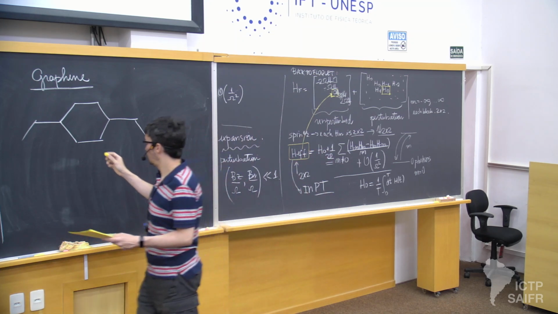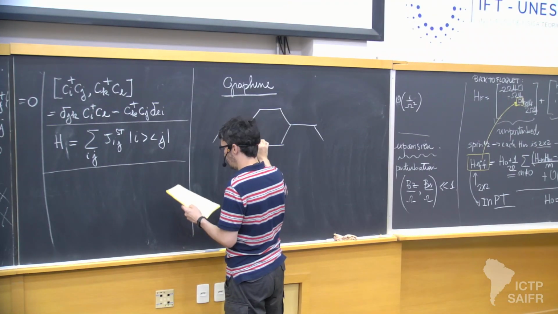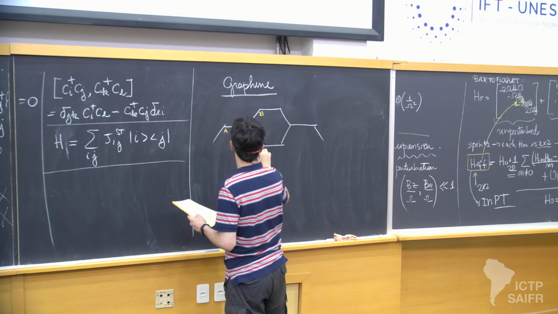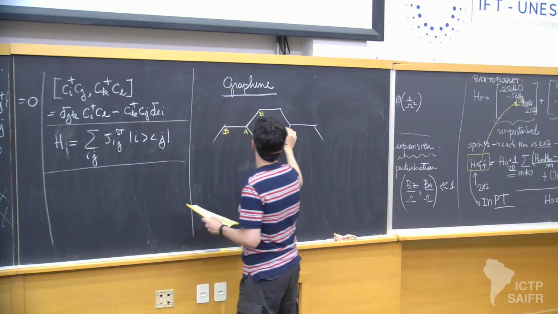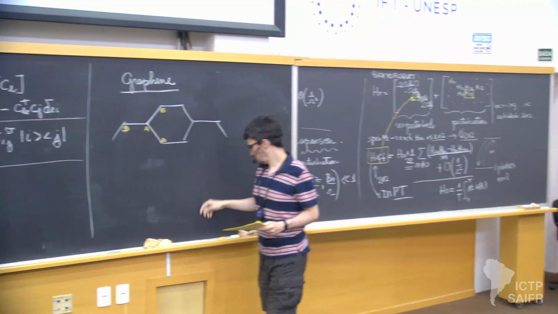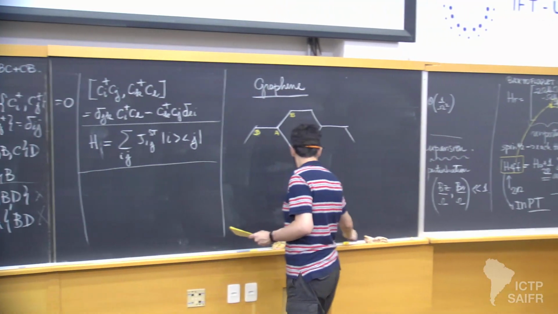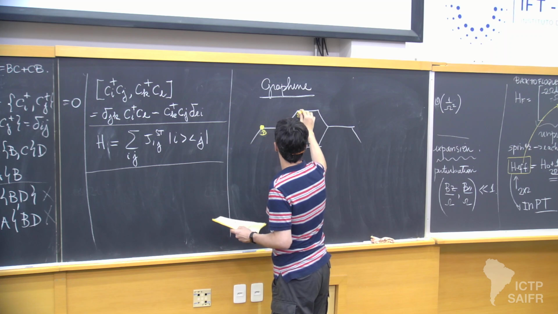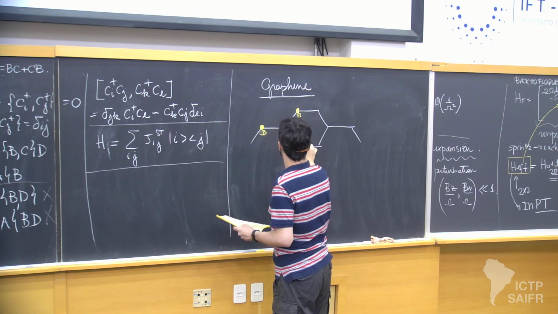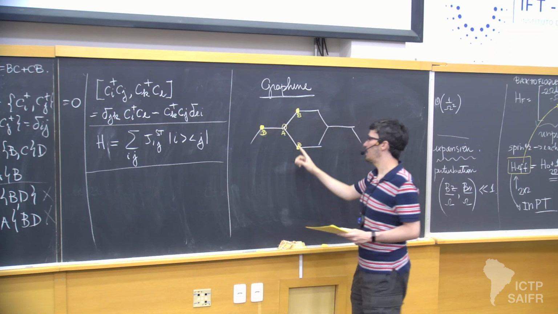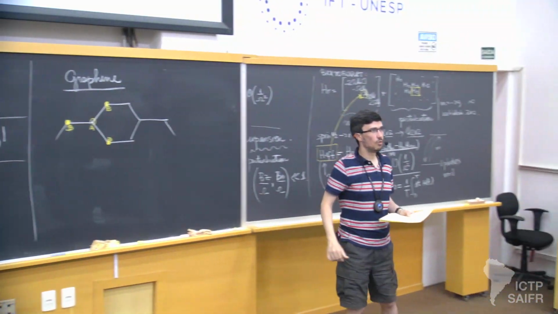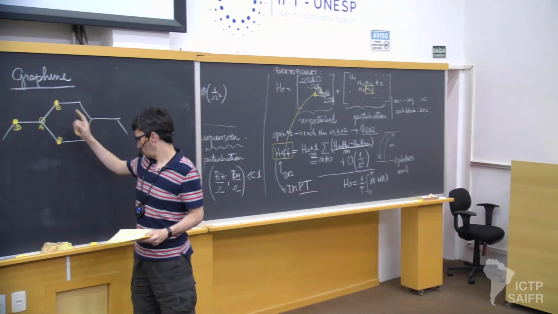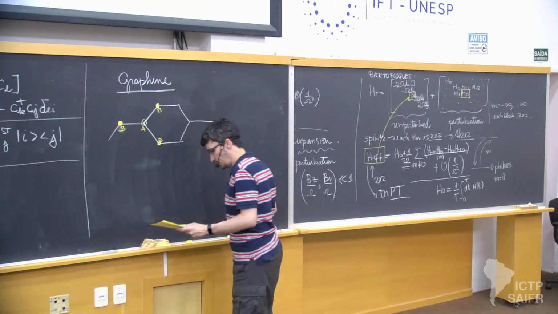And as Neto was asking before, you have the sublattice structure here as well, A, B, A, B, and so on. So you can basically put colors on each site, or circles, let's say, in such a way that A only talks to B, and B only talks to A. So we are going to have hoppings here.